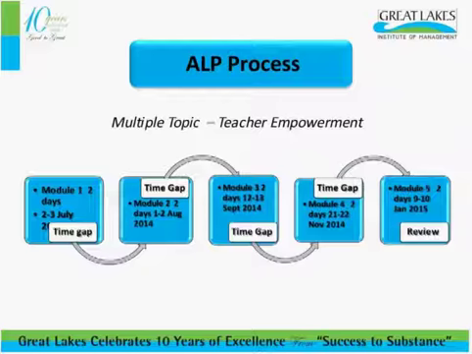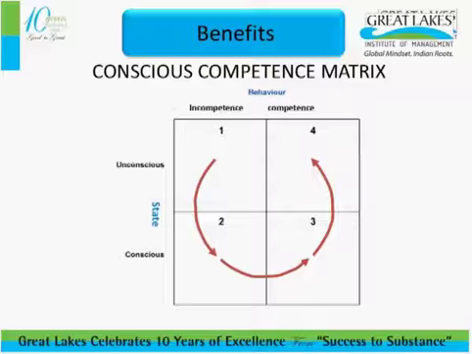So when the teachers come back for module 2, they review the action learning project given in module 1. So it goes on like that. In such a situation, we can start from a lower level of complexity and move to a higher level of complexity of the problem. So this is another model which people can use. This is basically the ALP process.